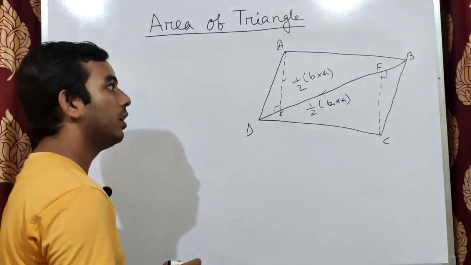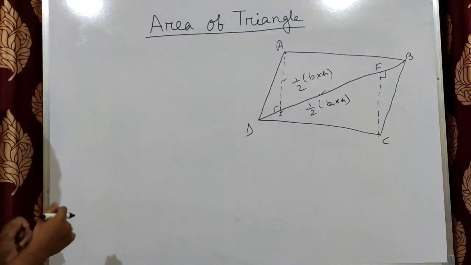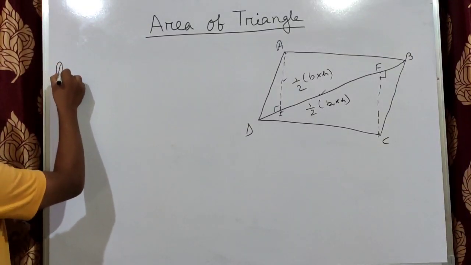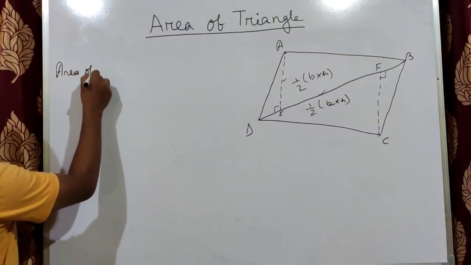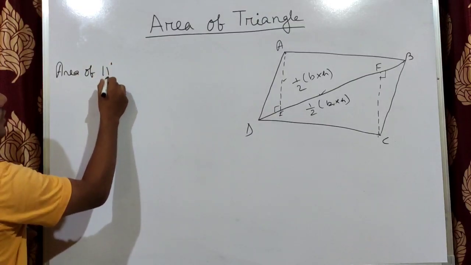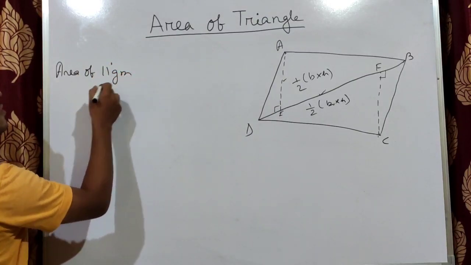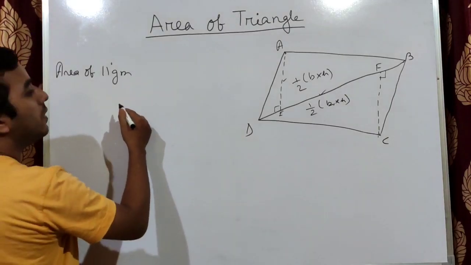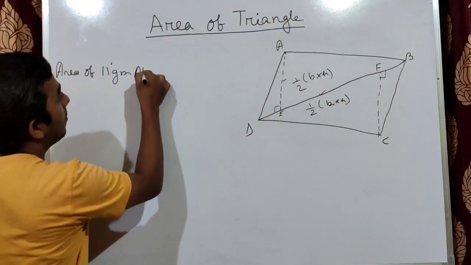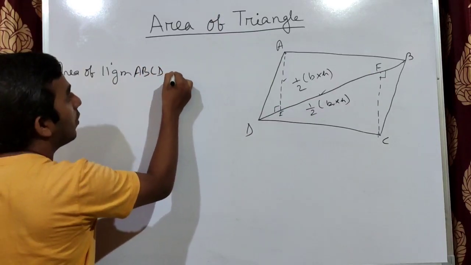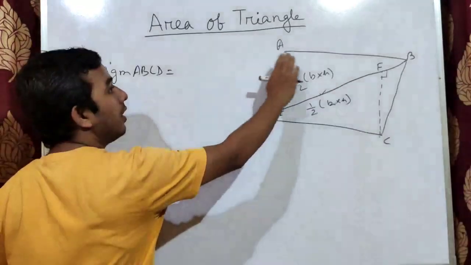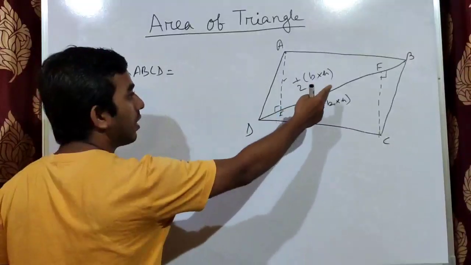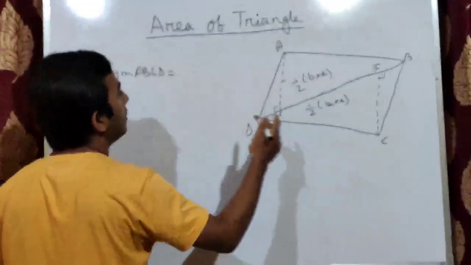Okay. Now from this figure, can we write the area of the parallelogram? The area of parallelogram ABCD equals the area of triangle ABD plus the area of triangle BDC.